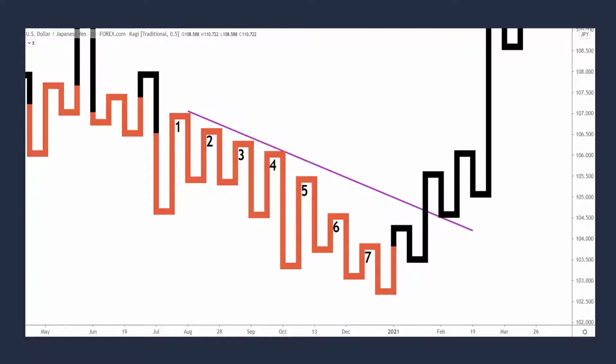That's just to give you an idea of how the patterns play out. You might have a different rule. You don't have to use the 9. You might have analysed that 7 is the magic number there before it turns around. So do your research, find out what works for the particular market that you're analysing. But again, another useful bit of analysis that you can apply on top of the Kagi lines.